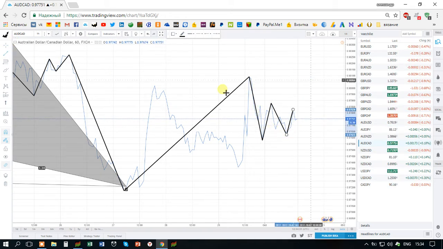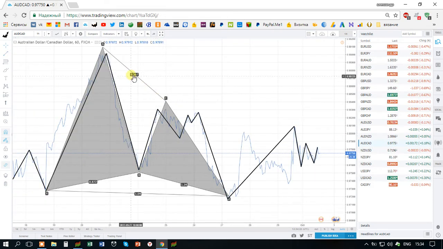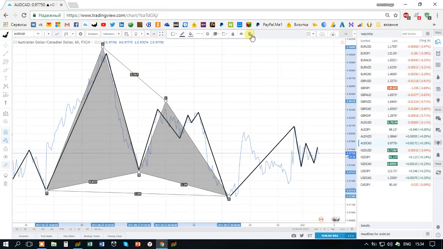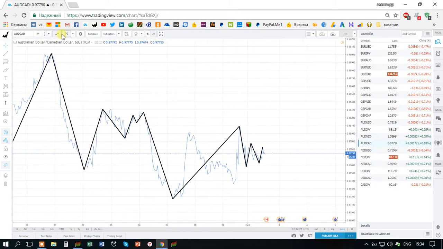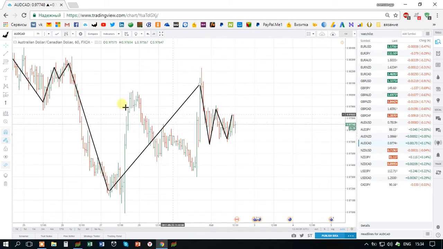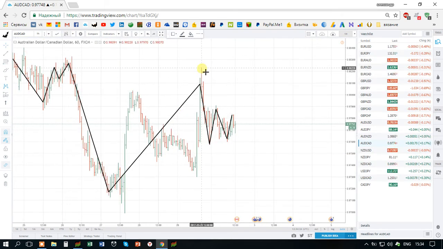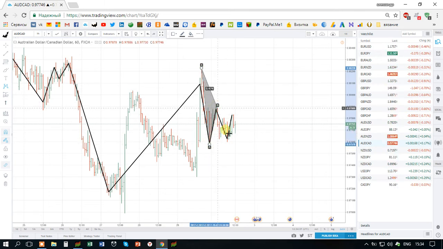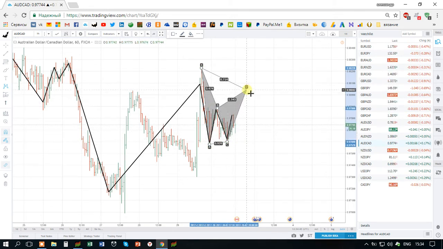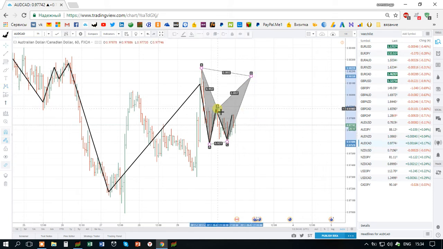So on Aussie Canadian we have it this way. Let me do this stuff. A potential trading opportunity looks this way, from X to A to B to C and to D. If you heard the sound, this is the sound of Pattern Trade Assistant.